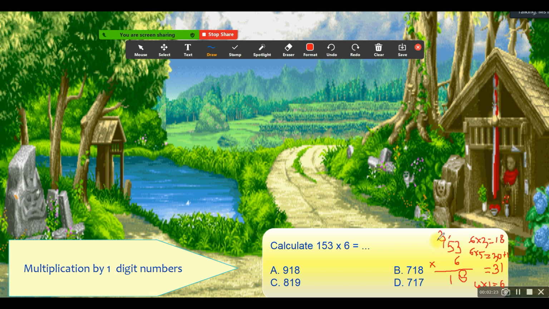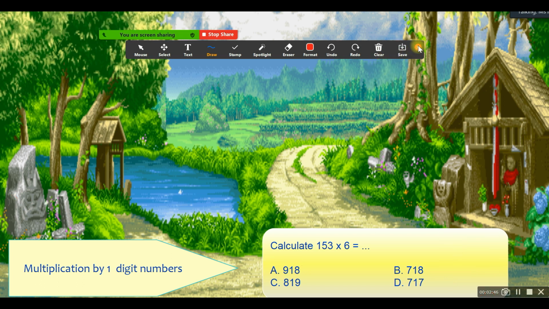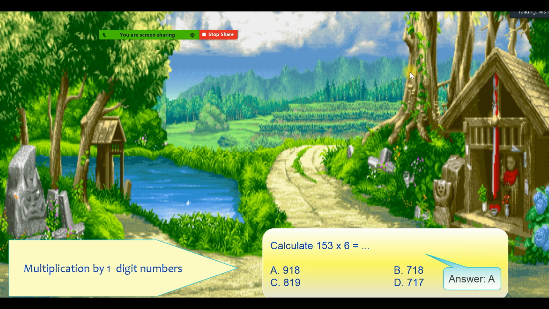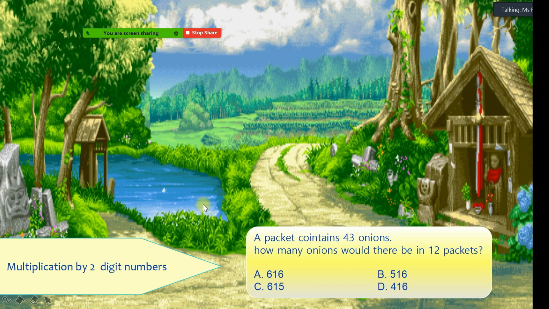And then plus 3, 6 plus 3 becomes 9. So we can put 9 here. So the answer is 918. The answer is A.